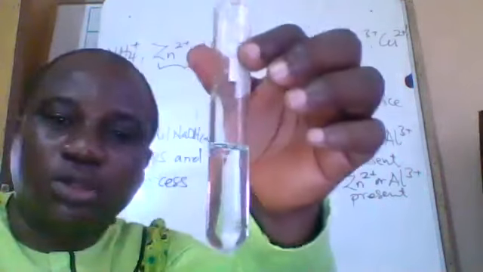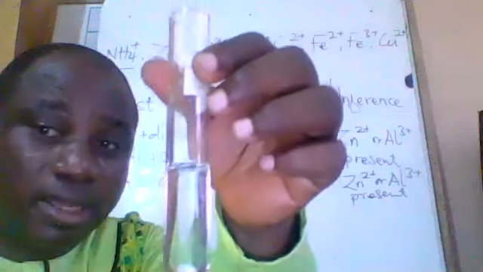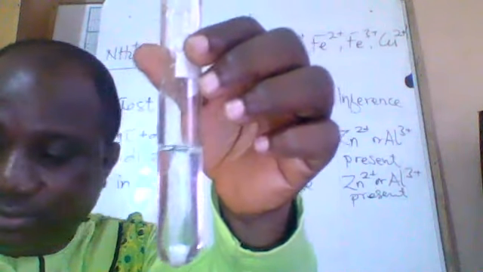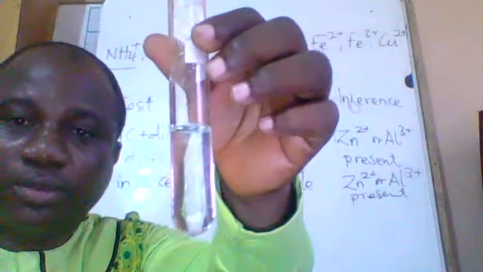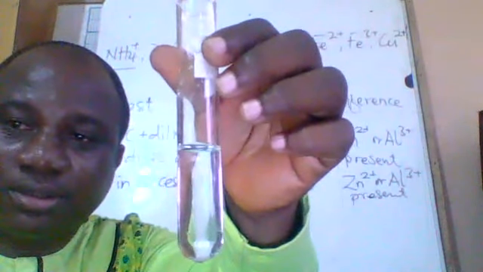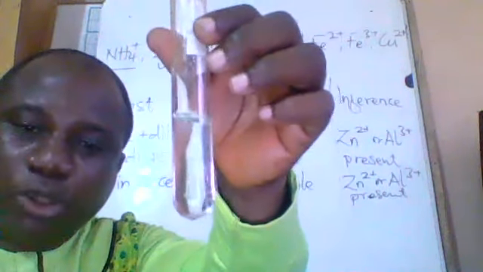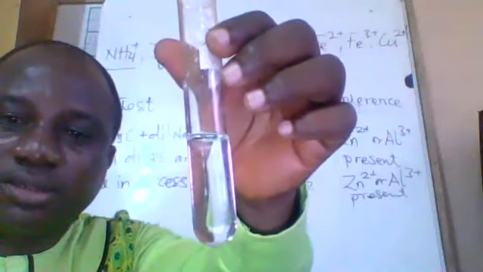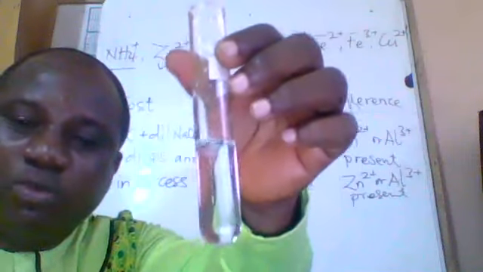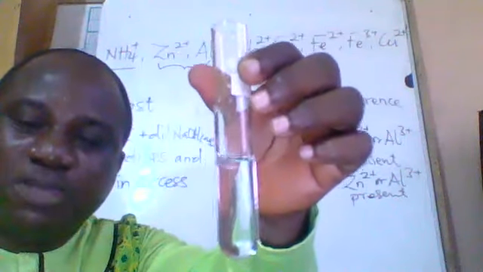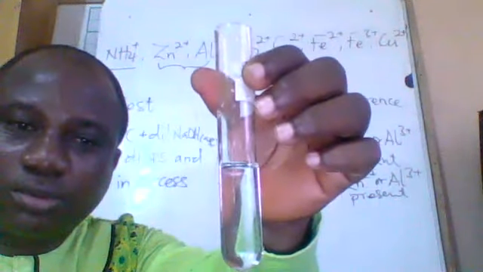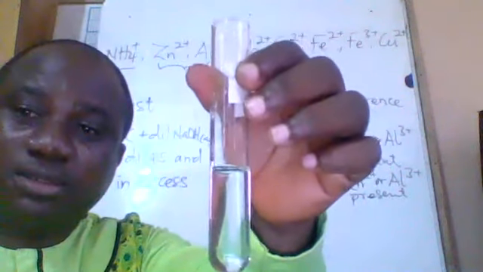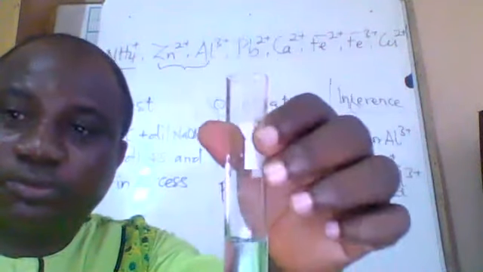So at this point, you cannot conclude which of the cations is there. Because Zn2+ and Al3+ both form a white gelatinous PPT in drops. But when you add the sodium hydroxide reagent in excess, both of them will dissolve.